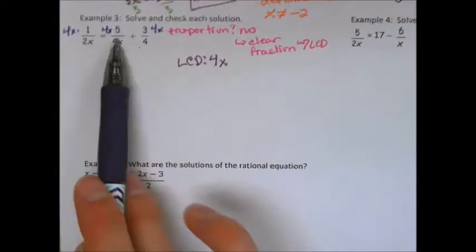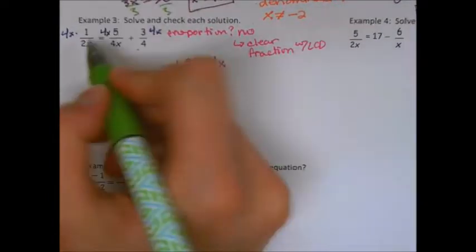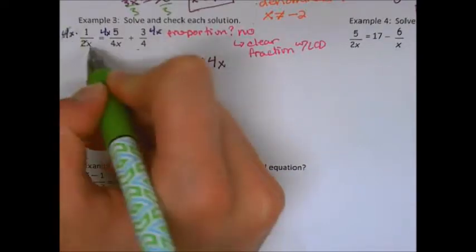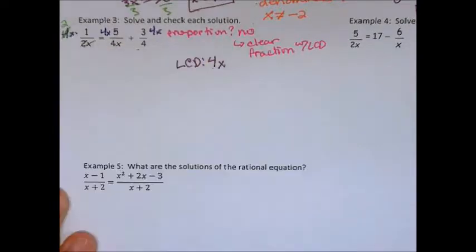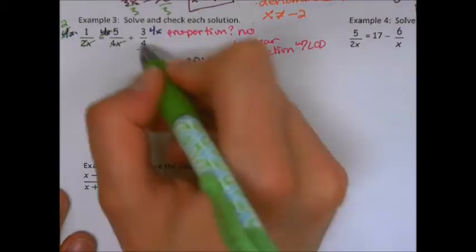Notice I had 1, 2, 3 fractions. I'm timesing 1, 2, 3, 4x's. Here, 2 goes into 4 twice, and then I have x and x. Here my 4x's cross out, and here the 4's cross out.